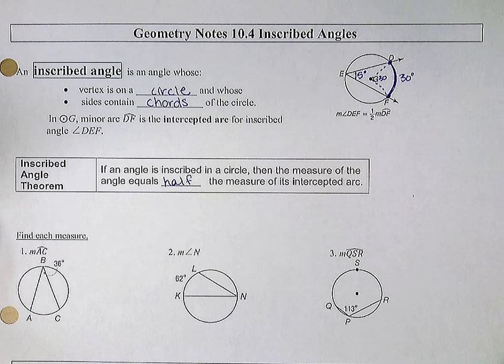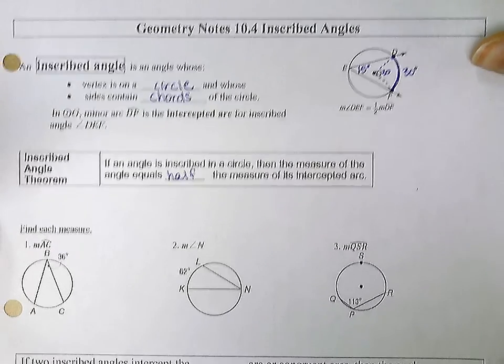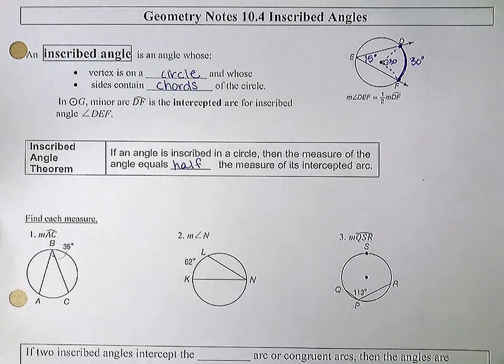Your inscribed angle is different from your central angle. Inscribed angle is half the arc. Central angle is the same as the arc. You do need to know that difference when you're doing practice problems. Any questions on that so far before we do some examples?